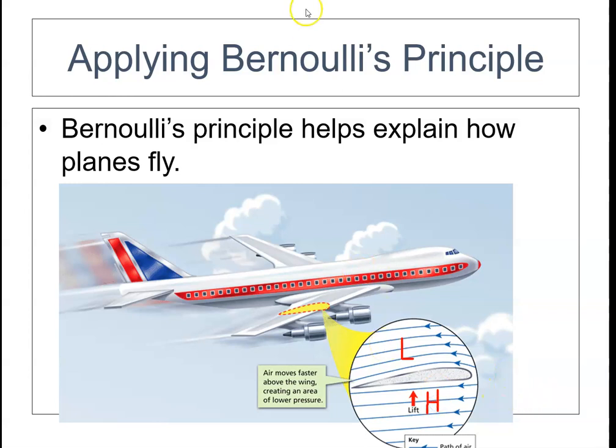And we experience a force that pushes from high pressure to low pressure, and we even give that force a name. We call it lift. Okay? So, air moves faster above the wing, creating an area of low pressure. High pressure will push to low, and we get lift.